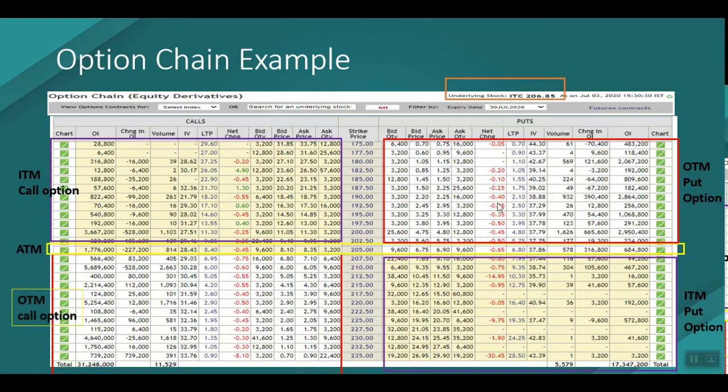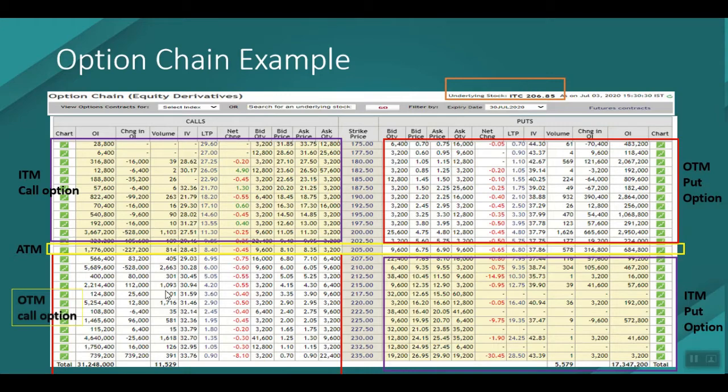This is the in the money call option: whatever strike prices are available for call options below the current LTP of the underlying belong to in the money call options, and whatever strike prices are available above the at the money strike belong to out of the money call options.